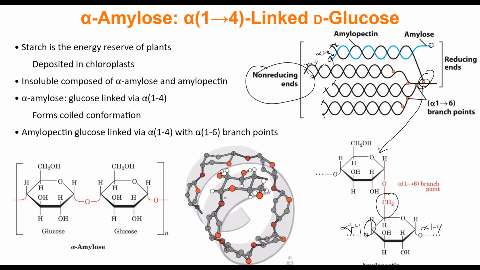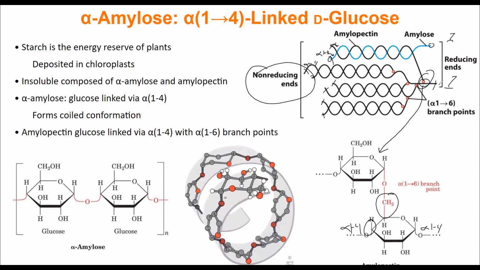So by doing this branch structure, you have a lot more non-reducing ends. Compare that to reducing ends, you only have one reducing end. So in our example here, we have, I forgot amylose up here, so we have 2 sugars that are called reducing ends.